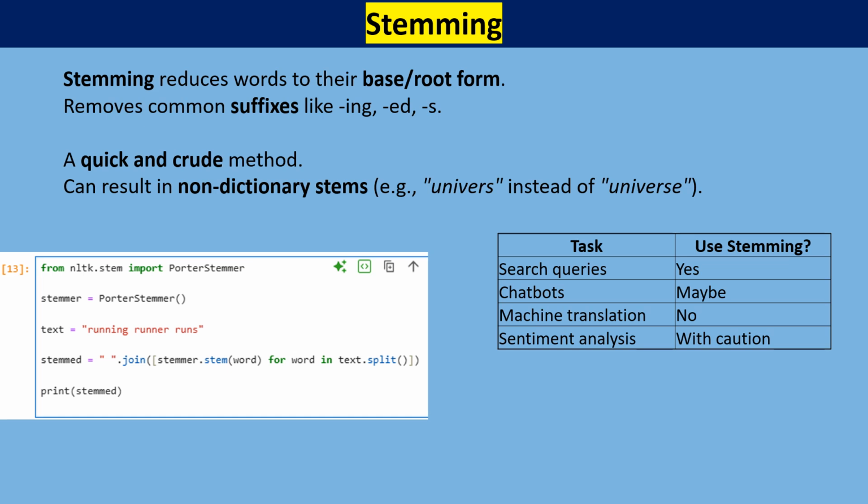Stemming reduces words to their base root forms. Stemming is particularly useful in information retrieval, text classification, and search engines, where semantic accuracy is less important than pattern recognition. The most common stemmer is the Porter stemmer from NLTK.